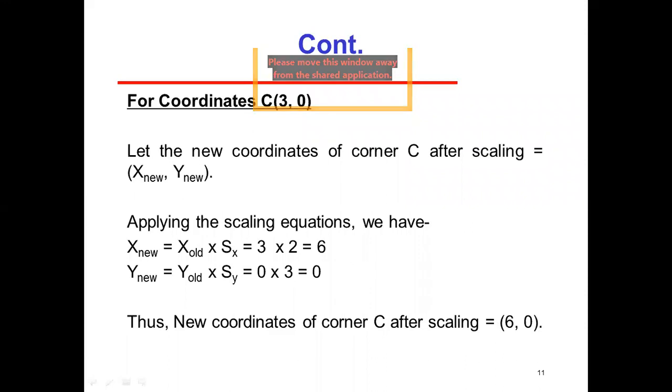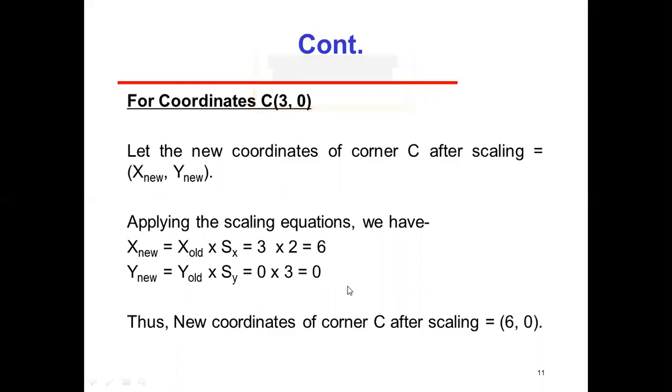Now for vertex C. Vertex C is already mentioned in the problem as 3 comma 0. Again you can write the new coordinates of the corner C after scaling as x new comma y new. Use similar equations: x new equals x old into sx. Now replace these old values 3 and 0, with sx already given in the problem as 2, sy already given as 3.